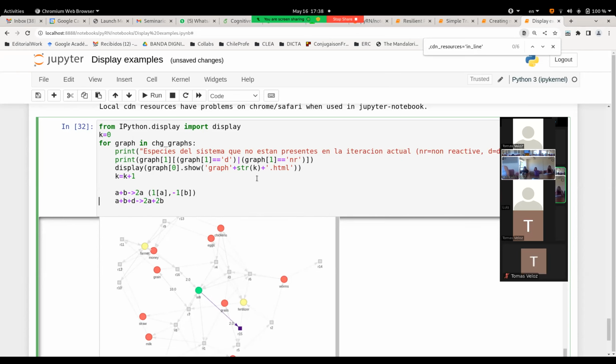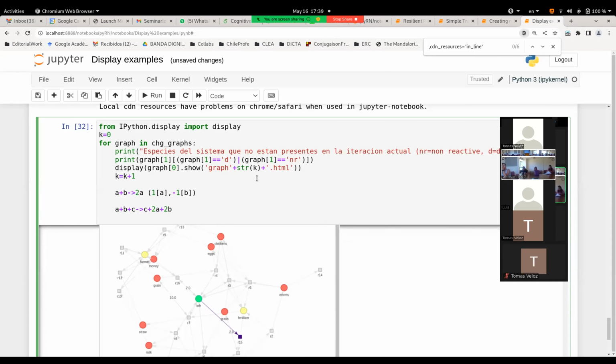Let's make it like this, and call it C, simple. When C is not present, this reaction cannot happen. So the only reaction that can happen is this one: A plus B goes to 2A.